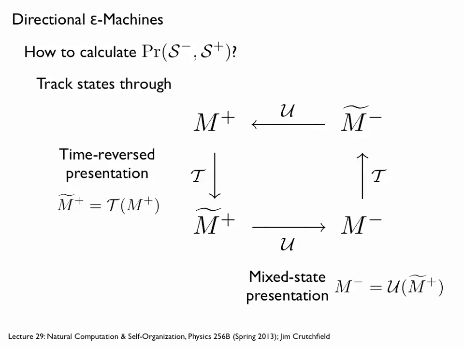Anyway, this is the commuting diagram that describes it. And what we want to do is track, right, so we have the forward causal states, we reverse this, normalize it, we still have the presentation states here, and then we calculate the mixed states, which are distributions over these states. Well, in that calculation, we can track how the reverse causal states, which are now distributions of the forward causal states, are related.